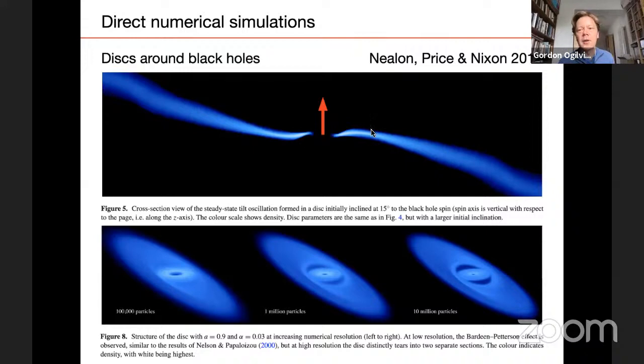We see the beginnings here of an oscillation, which was predicted theoretically. But again, if the tilts are sufficiently large, or the disk is not very thick or viscous, then there's a tendency for the disk to break into independently precessing segments like this.